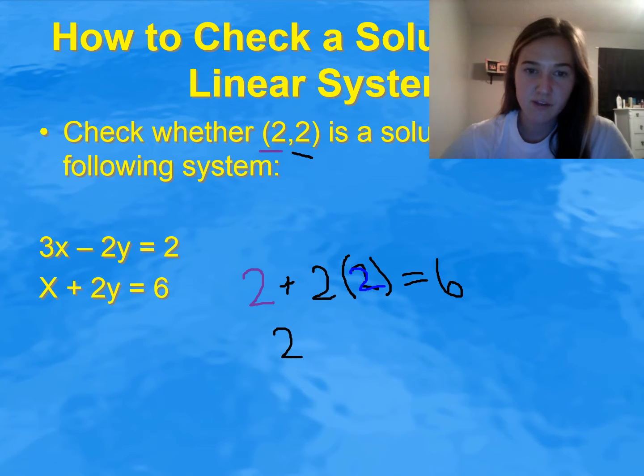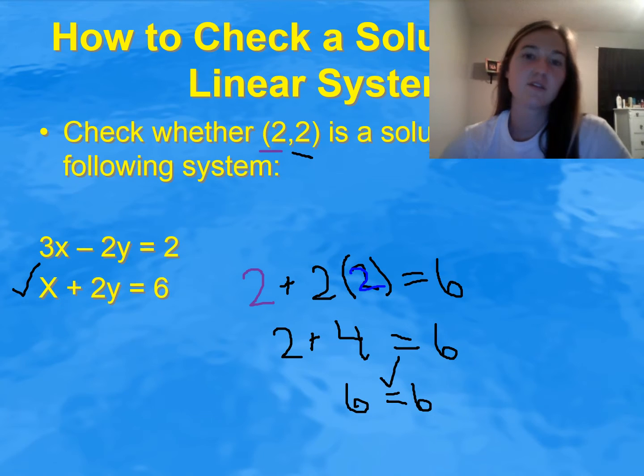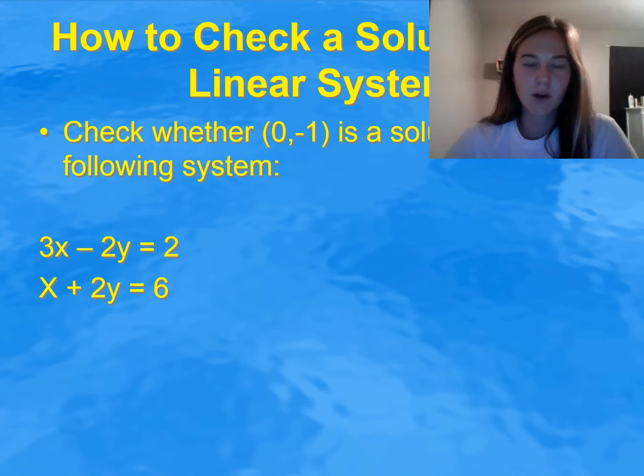And simplify, so 2 plus 2 times 2 is 4, and 6 equals 6. So that ordered pair also satisfies the second equation, and so we know it's a solution of this system. Now pause the video and try this one on your own.